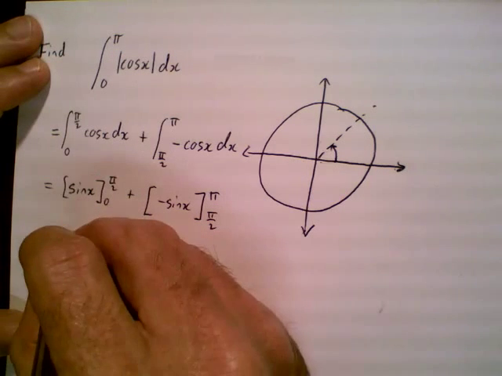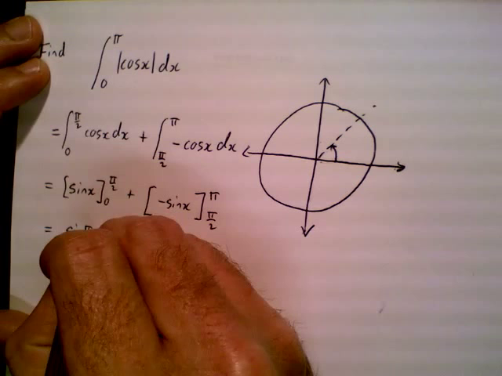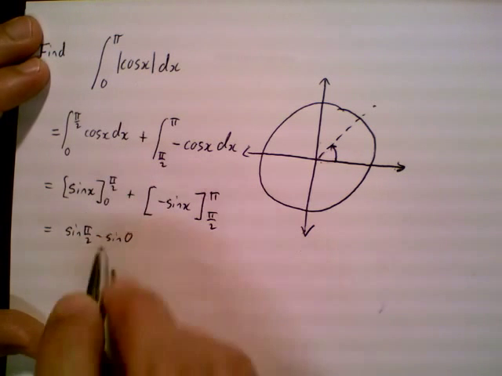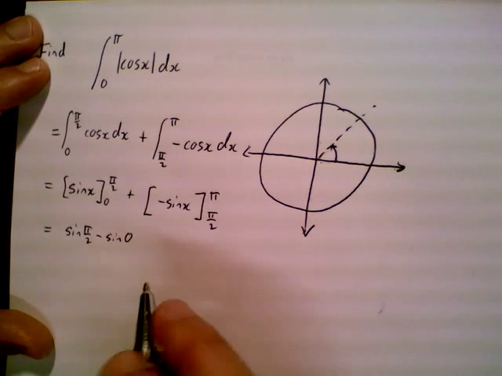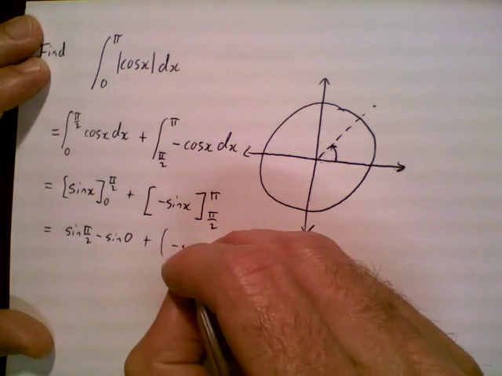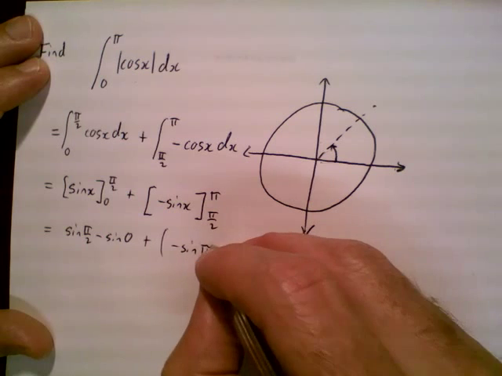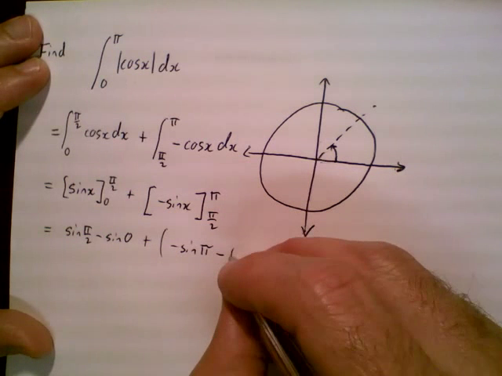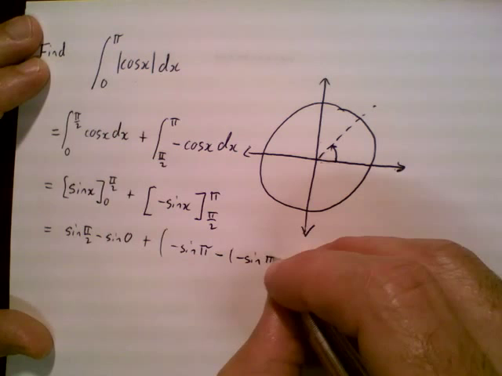So this will integrate out to sine of pi on 2, take sine of 0. Don't really need the sine of 0 here, because we know that it will just be 0. And then we'll get plus negative sine of pi, take away negative sine of pi on 2.